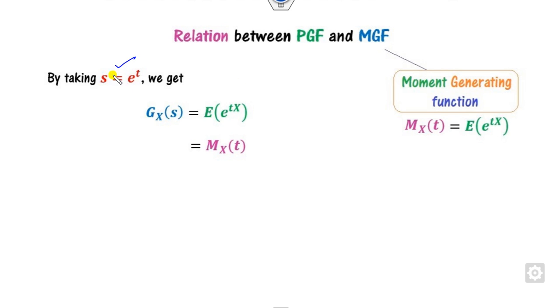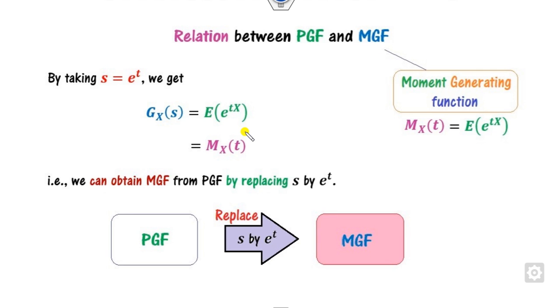So if you replace the parameter s with the exponential, it becomes the moment generating function. It means if you have the generating function of any series, say (ps + q) raised to power n, then the corresponding moment generating function can be obtained by simply replacing s with e raised to power t.